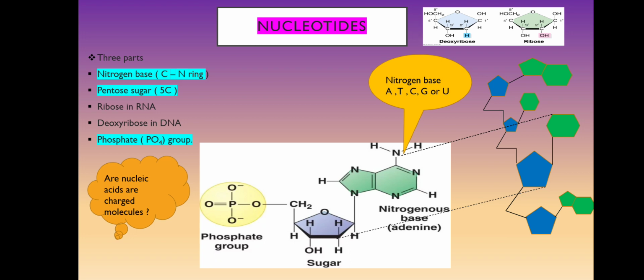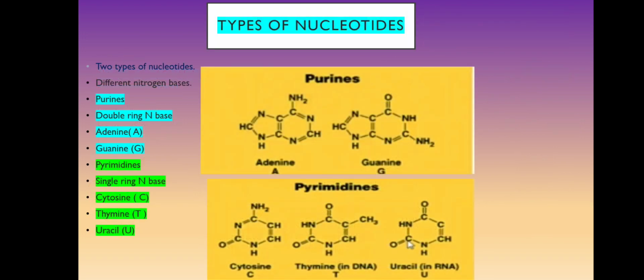The third is a phosphate group. These three parts form the nucleotide. The next is types of nitrogen bases. There are two types, purines and pyrimidines. Examples of purines are adenine and guanine, while pyrimidines are cytosine, thymine and uracil.